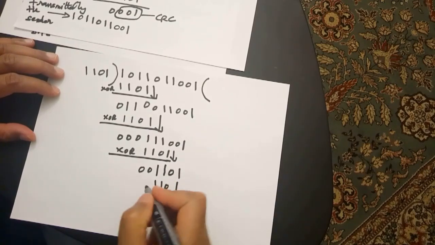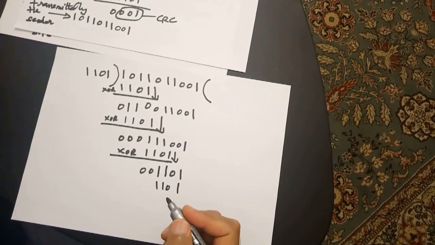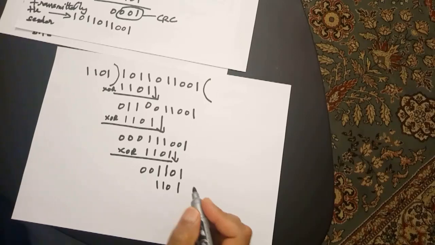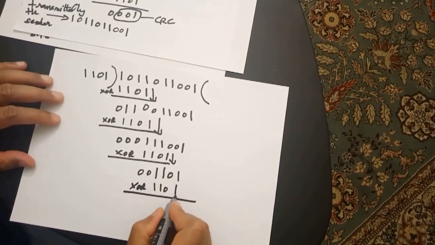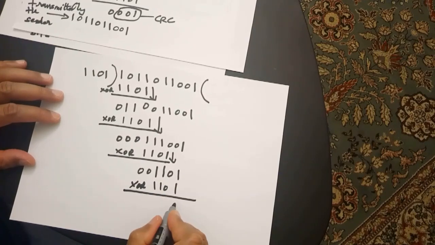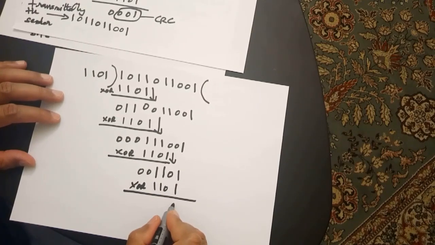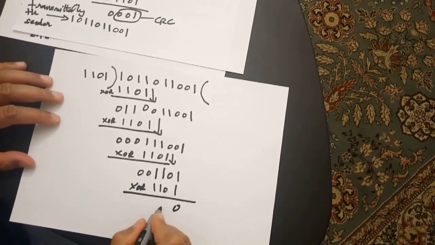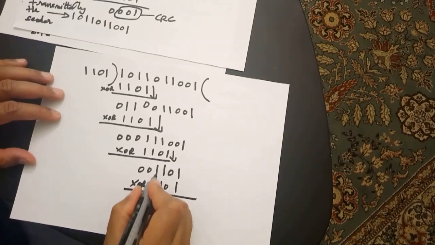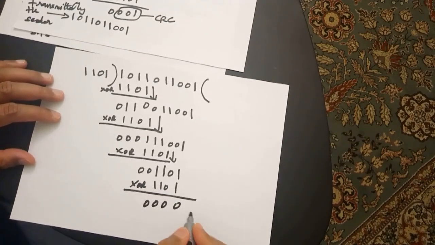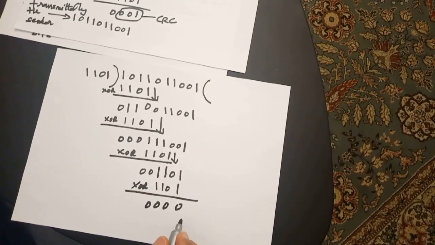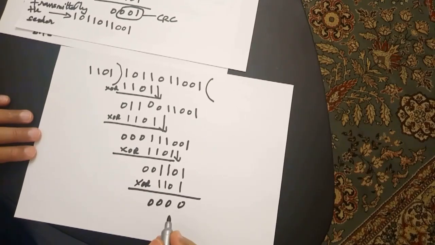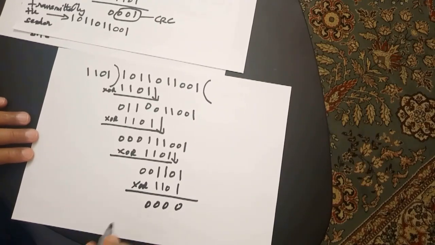Now we are performing the XOR with all the bits. So again XOR it. 1 1 is 0, 1 exclusive OR 1 is 0, 0 0 is 0, 1 1 is 0, 1 1 is 0, and now the remainder is 0, and there is no 1 in the remainder, so we can stop the division as well. So this means that the remainder is 0.